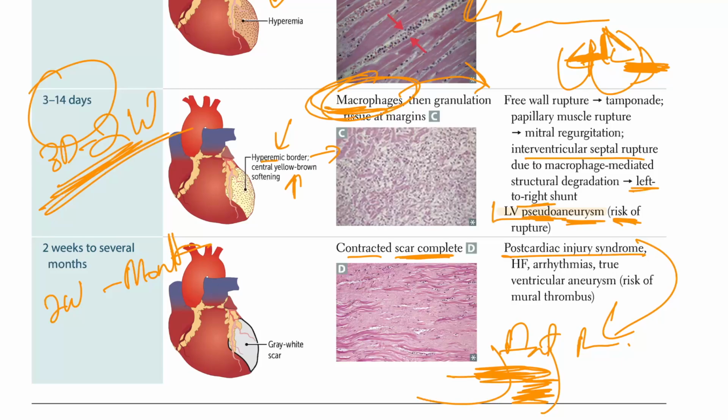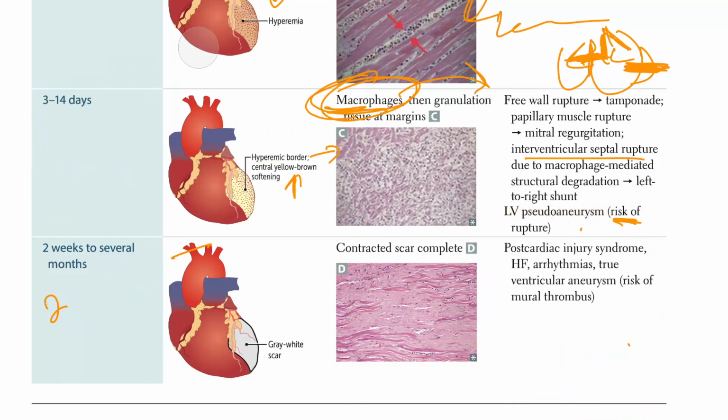The pericardial self-antigens get exposed to the immune cells, and they're like, hey, what is this? It's an antigen. So they start making antibodies against it and causing an autoimmune destruction, which is known as post-cardiac injury syndrome, Dressler syndrome.